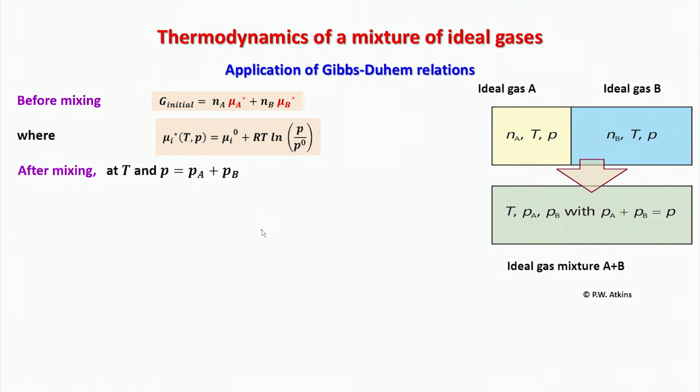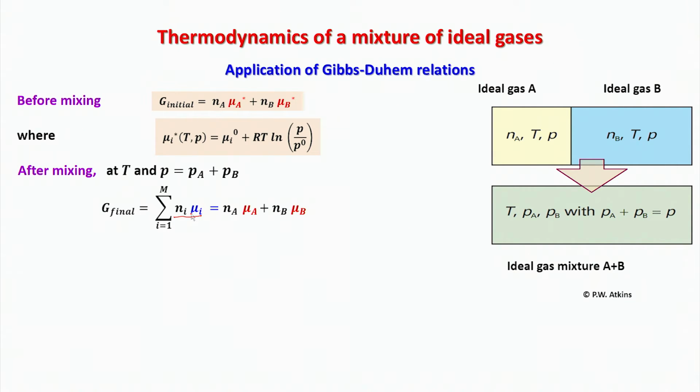After mixing, if the temperature of the mixture is T and the pressure is P such that P is equal to Pa plus Pb, then I can very easily write down that the final Gibbs free energy is going to be the sum of Ni mu i. How could I write that?